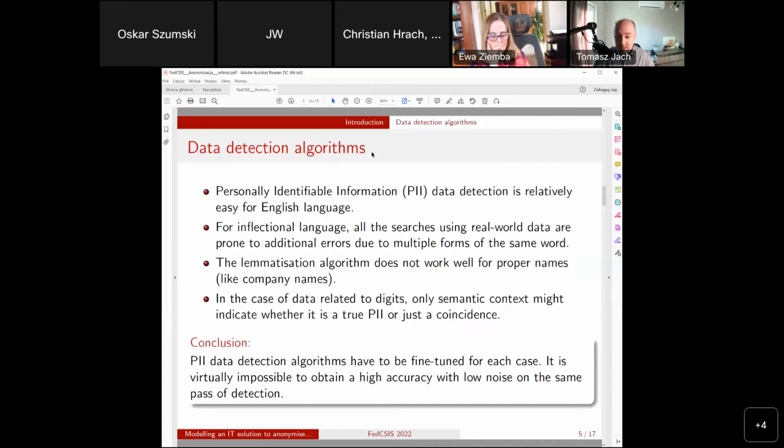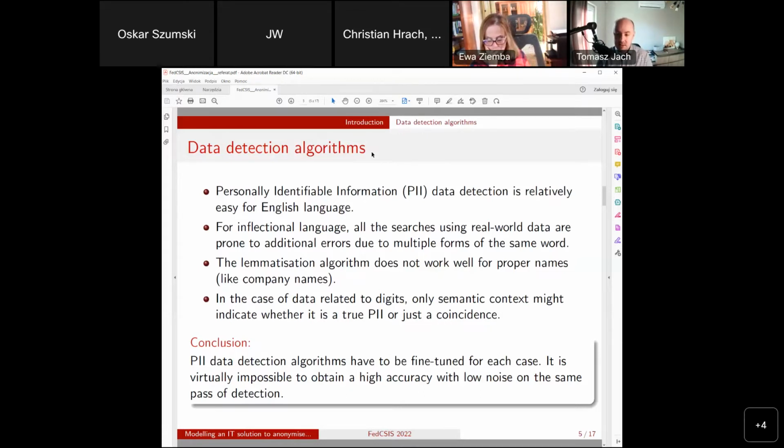The same goes for data related to digits. Having a 9-digit number, you can think of it as a phone number, as a company registration number, or any other meaningful or meaningless number.